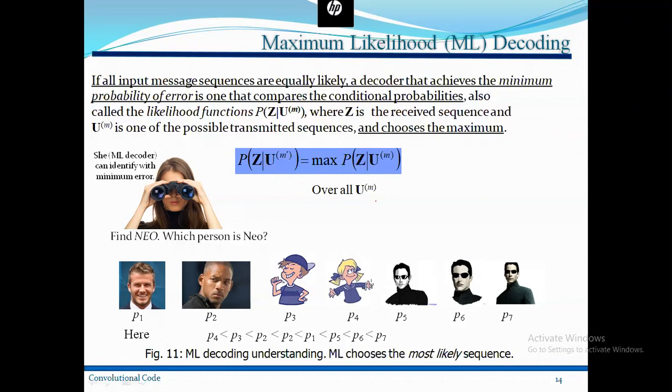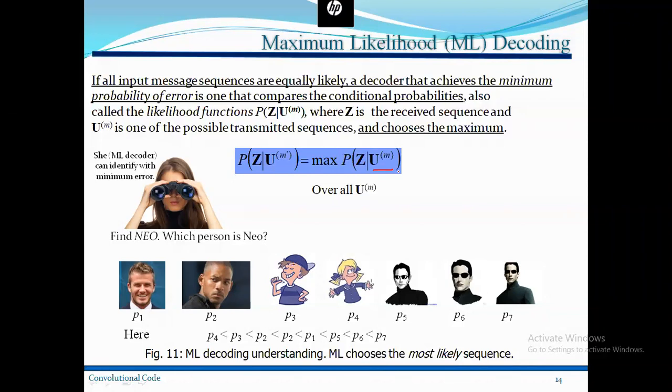But in the case of a convolution coder, we have a sequence of code words. This sequence of code words contains different branch words. So for M message bits, we have M code words. And we maximize the conditional probability of these code words.